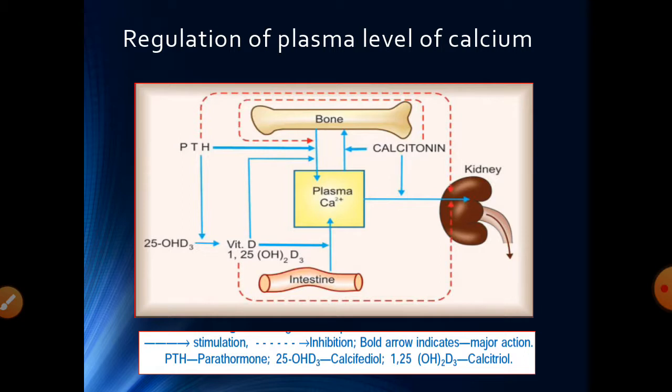Calcitonin is responsible for reducing resorption from bones, and it is also responsible for calcium excretion by the kidney. Vitamin D is responsible for calcium absorption from the intestine, and parathormone is responsible for mobilization of calcium from bone. This way these three hormones are responsible for the maintenance of calcium in the plasma.